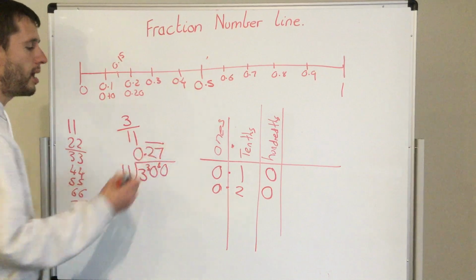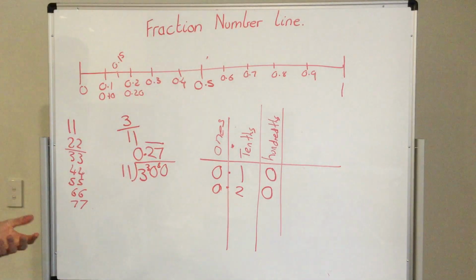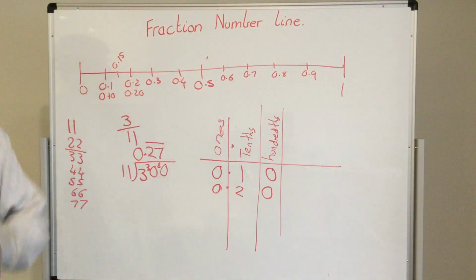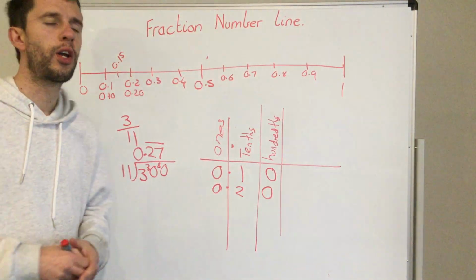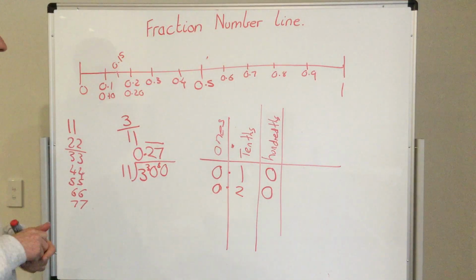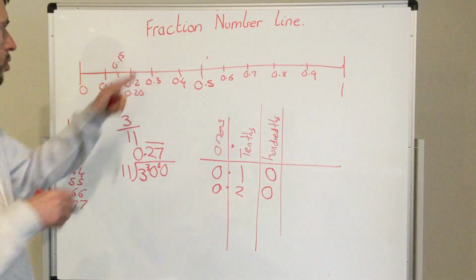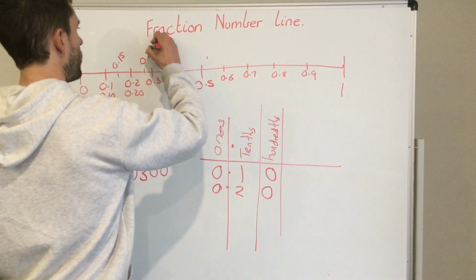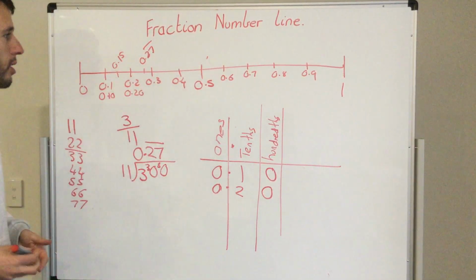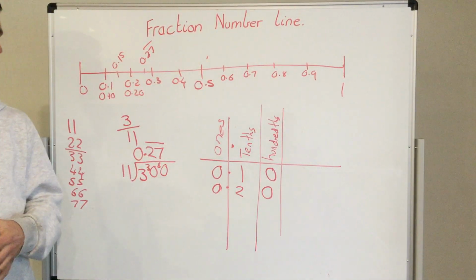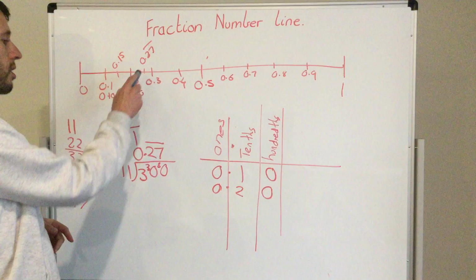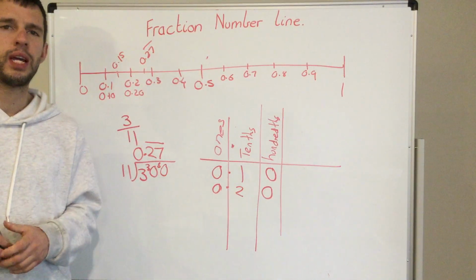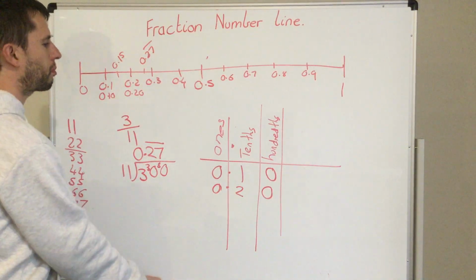So I'll put a line above that. So my answer is 0.27 reoccurring, which means my decimal will be going over here between the 0.2 and 0.3, which is where my fraction will be going. So we can see that it's going to be a lot more accurate.